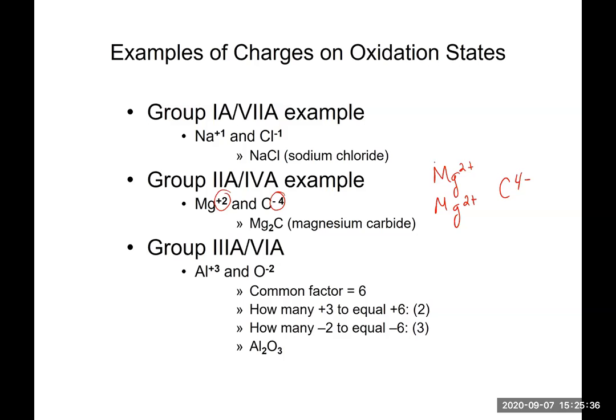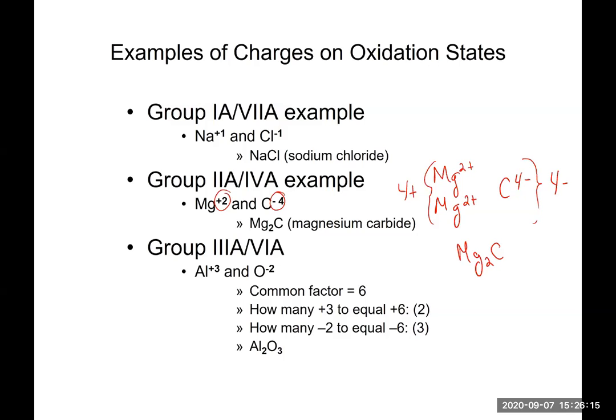So these 2 magnesiums give us 4+, and this 1 carbon is 4-. 4 - 4 gives us charge neutrality, and the way we would write that is Mg with a subscript 2 because we have 2 magnesiums, and C, and there's no subscript. Whenever there's no subscript, we know that means 1. And there's no charge written on this complex because it's neutral. The +4 and the -4 cancel each other out.